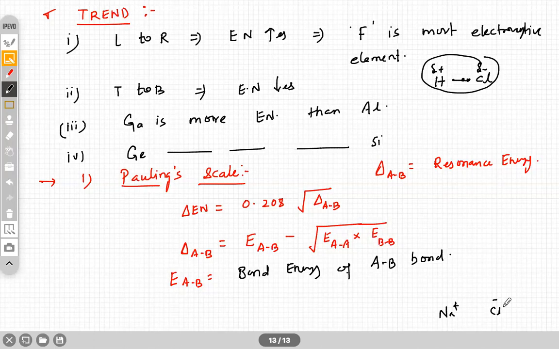So hence it is a polar covalent bond. Understood, Anurag?